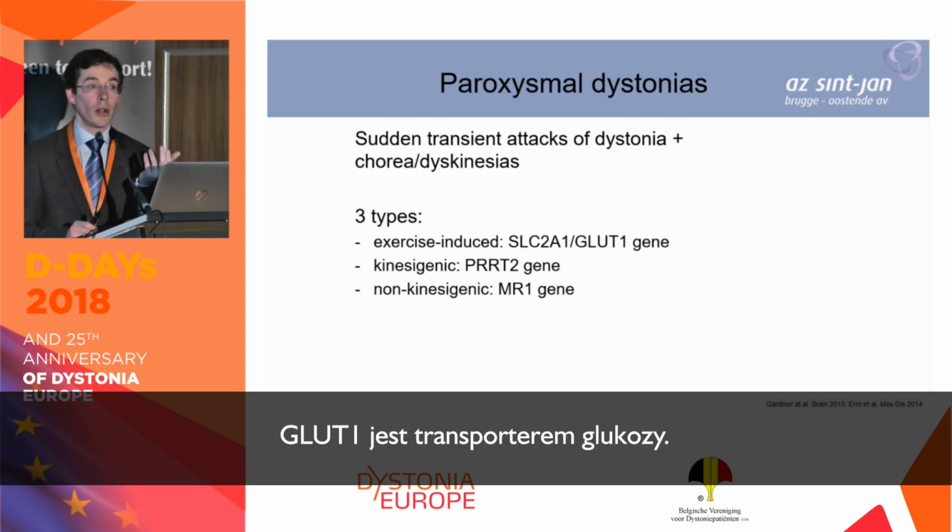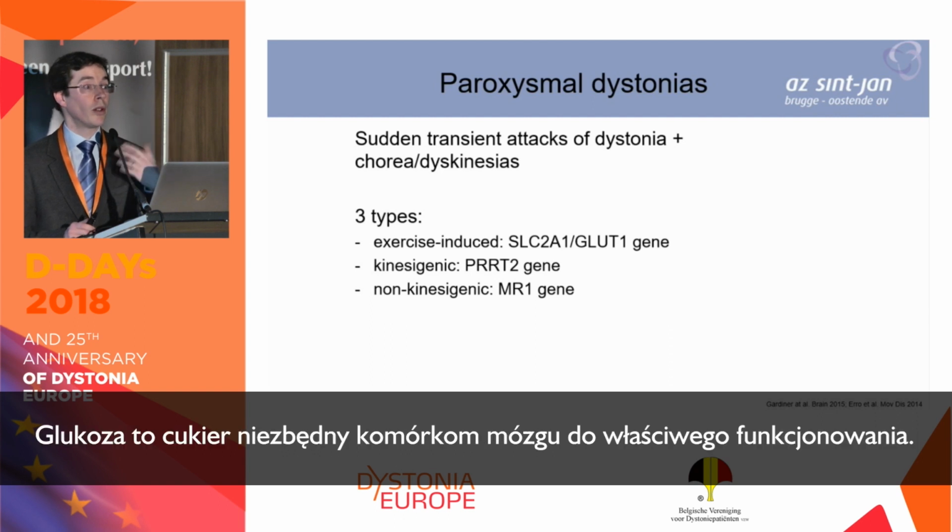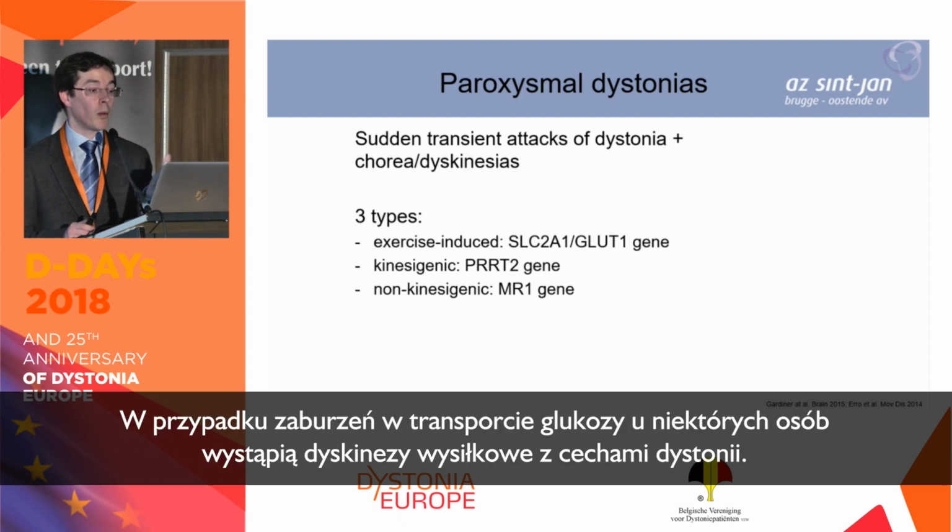GLUT1 is a glucose transporter. Glucose is the sugar that cells in the brain need to function well. And when there is a problem with the glucose transport, some people will develop these exercise-induced dyskinesias with also some dystonic features.